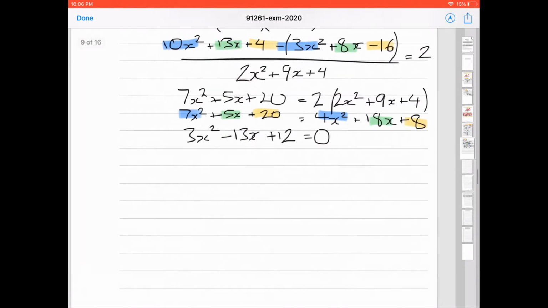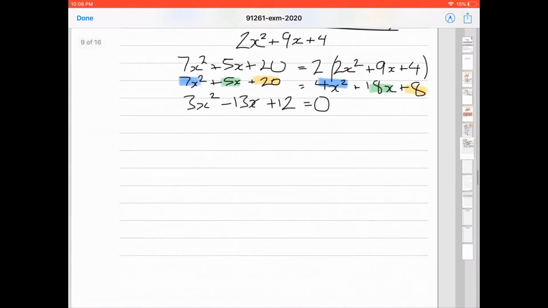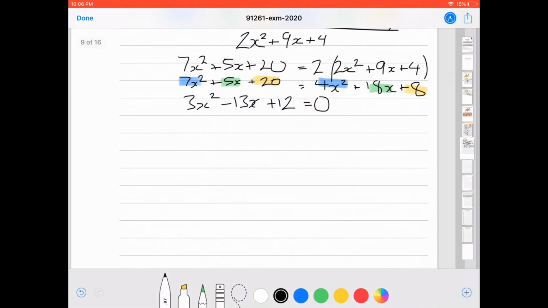Now, we could do it the long way: 3 times 12, two numbers that multiply to 36 and add to negative 13. But we've done a lot of working and we have our calculators with us, so let's just use our calculator here. We're going to plug in values for A, B, and C. I'm using the Casio FX-991EX.